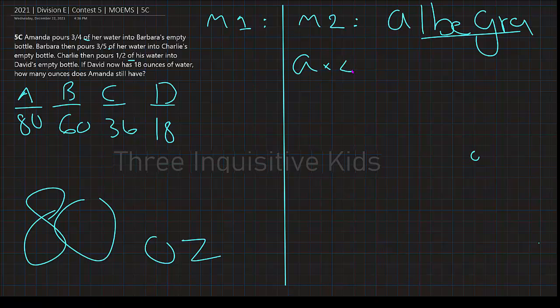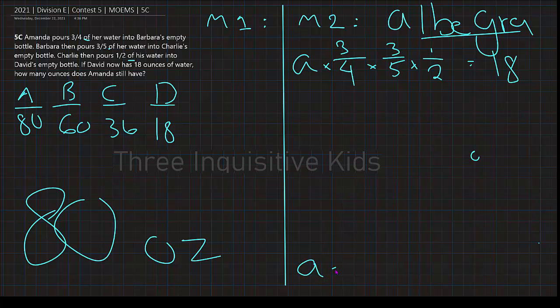First 3/4, and that is Barbara's amount of water, and then 3/5 of that was Charlie's. And 1/2 of Charlie's was David's, which equals 18 in the end. So we're trying to solve for A.